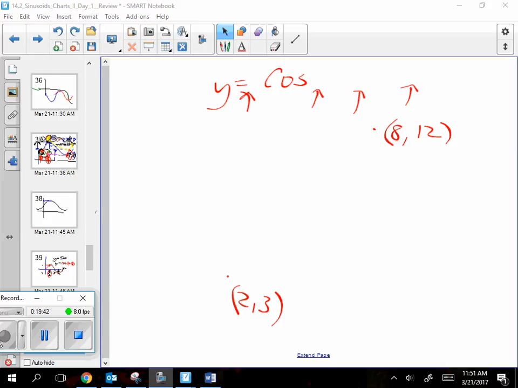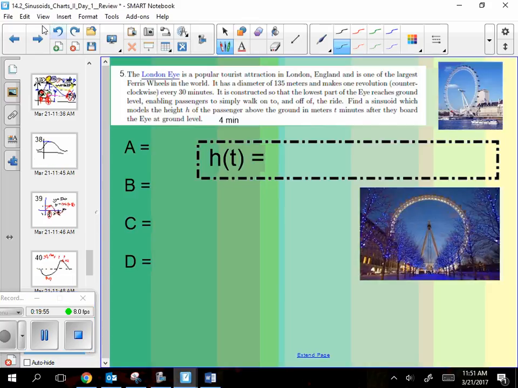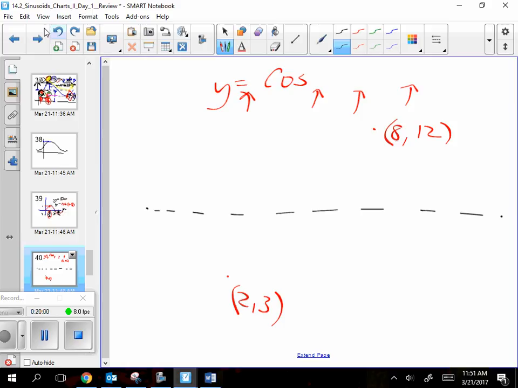For the groups that are stuck, I had suggested that this line that runs right down the middle is super important, and it's the average of 3 and 12, which add up to 15, and therefore half of 15 is what? 7.5.